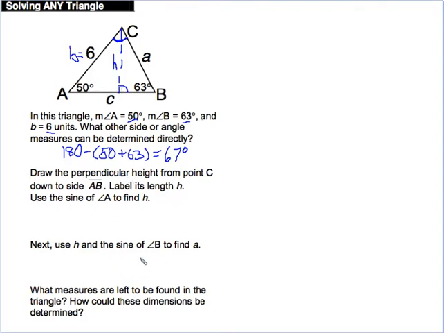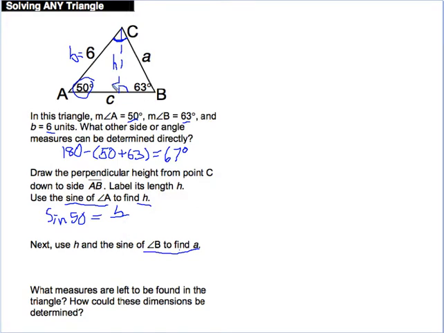Then I want to use the height and sine of angle A to find H. So my sine function, here's angle A. So I have sine of 50 degrees, and that's going to equal my opposite, which is my height, over my hypotenuse.